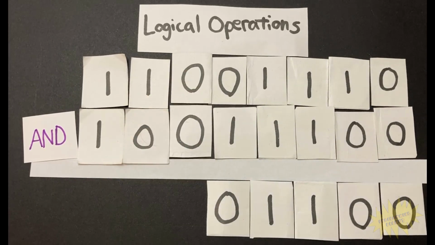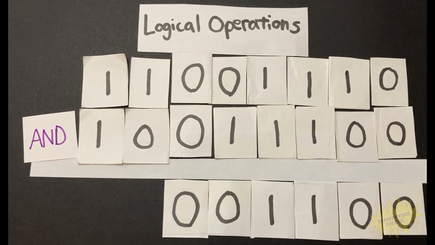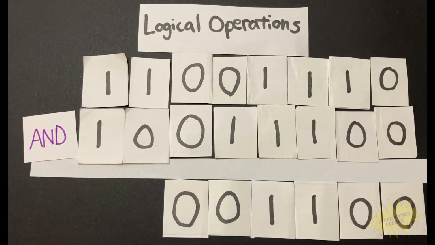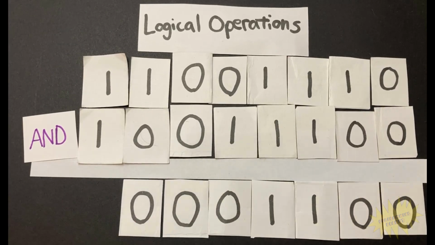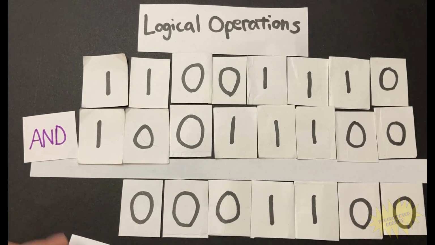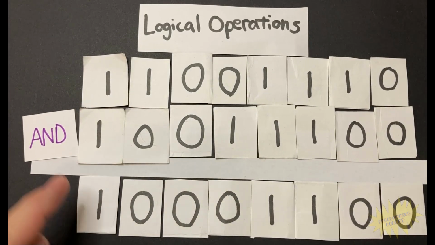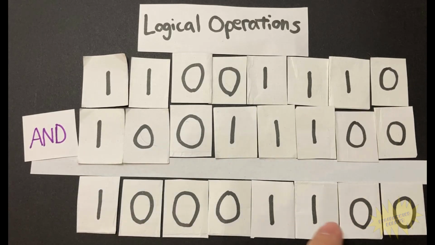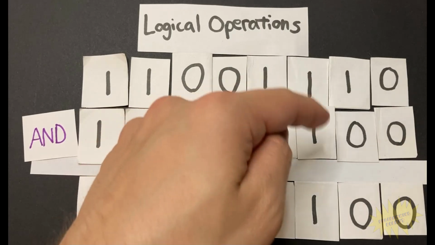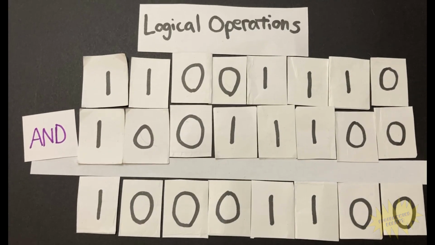These two right here are 0, so that'll be 0. This one here is a 1, this one's a 0, so that'll give us a 0. And these two here are 1s, so that'll give us a 1. Now notice, the only ones that are 1s are the ones that have both bits as 1s.